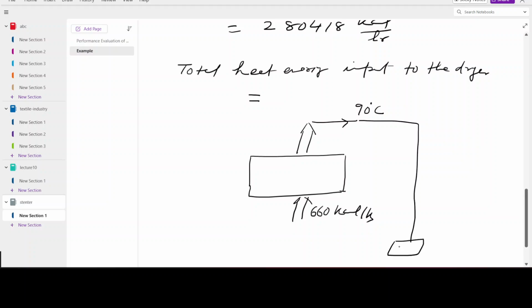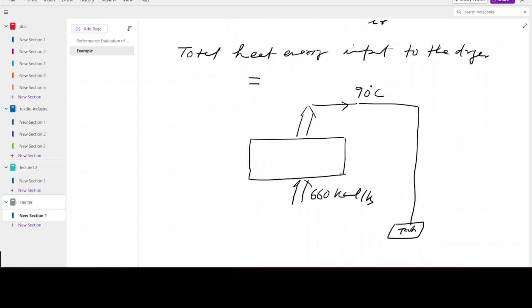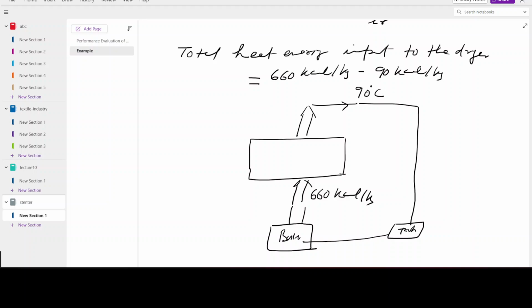Somewhere there will be a tank where this condensate will be collected, and suppose this is the boiler and steam will be generated, thus this cycle will get complete. Total energy input to the dryer will be 660 kilocalorie per kg minus 90 kilocalorie per kg.